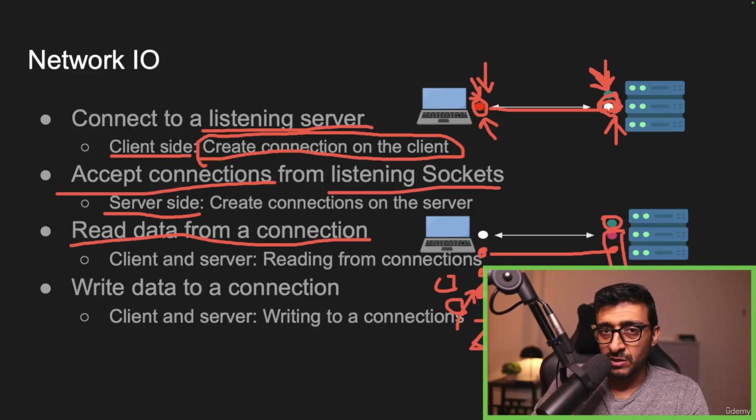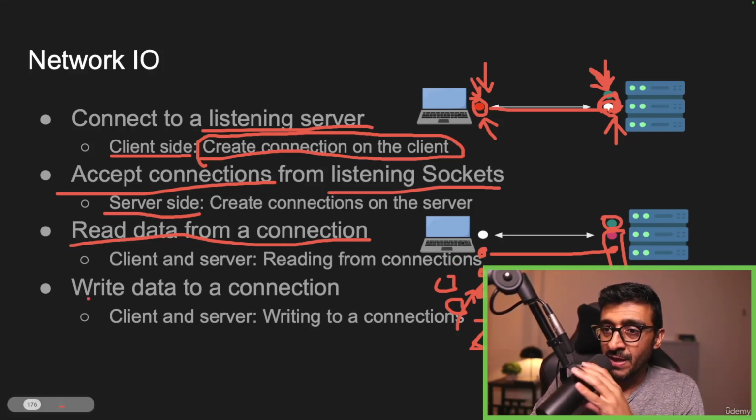TCP doesn't have this directionality at all. The server can just talk to the client at any time. But HTTP created this protocol that says a client must make a request and a server responds to a request, which we're going to talk about in the HTTP section.